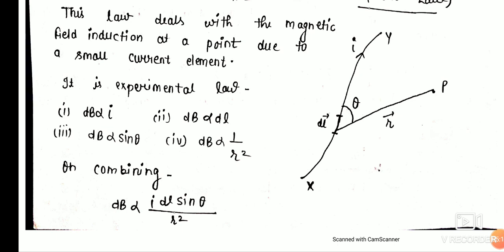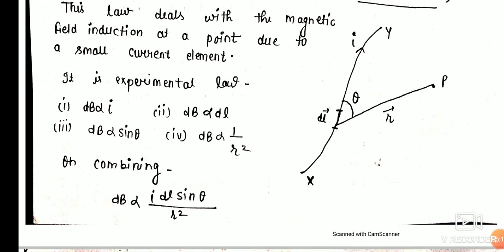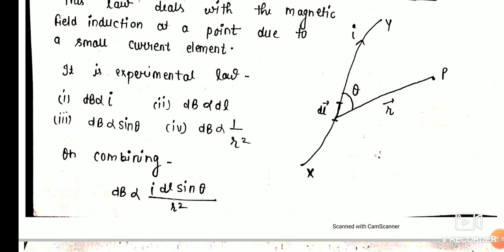The small magnetic field dB due to dl at point P is directly proportional to the current I. It means if we increase the current in the wire, the small magnetic field dB also increases. Second, dB is directly proportional to dl. If we increase the current element length, the magnetic field at point P also increases.